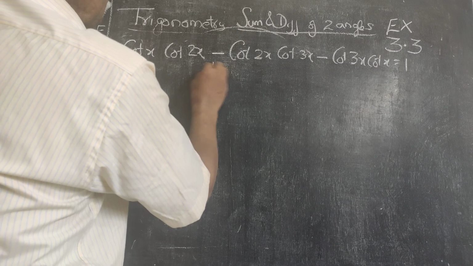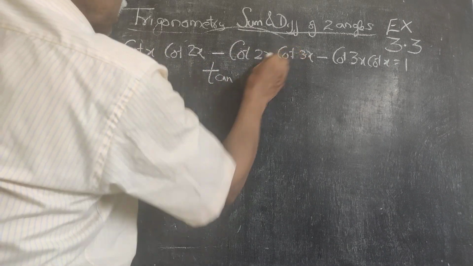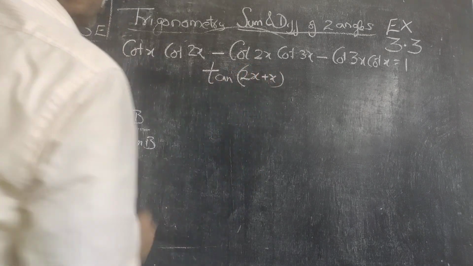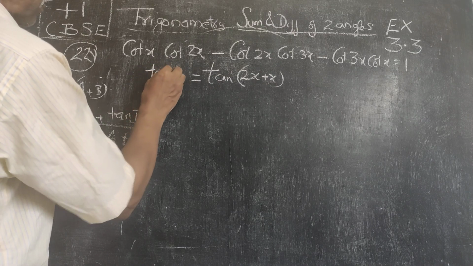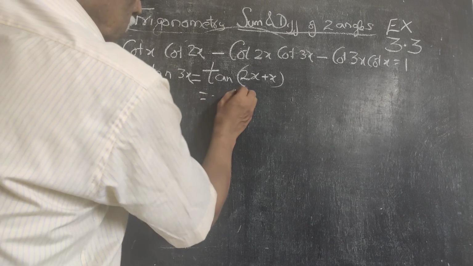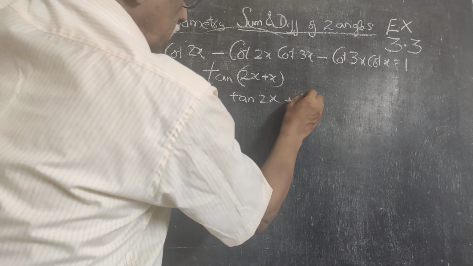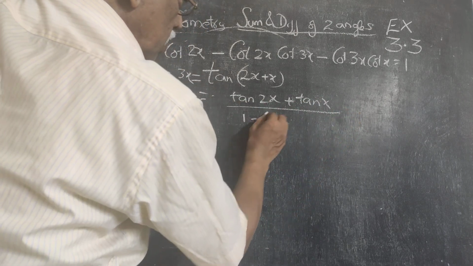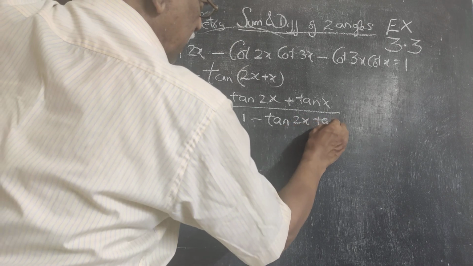Here tan 2x, x and 3x are there, so I write it as 2x plus x, that is equal to tan 3x. Now apply this formula, so this will become tan 2x plus tan x divided by 1 minus tan 2x and tan x.